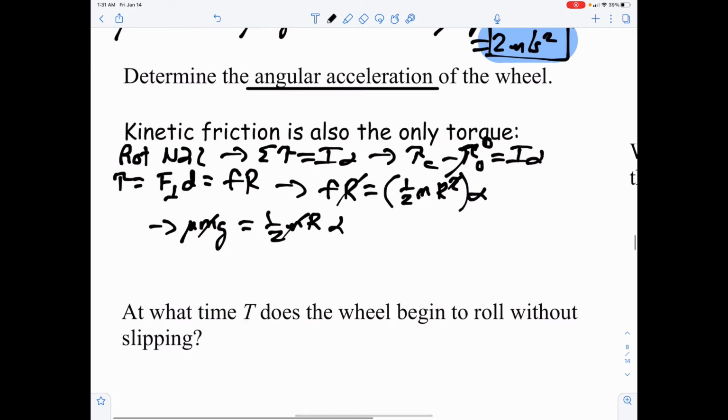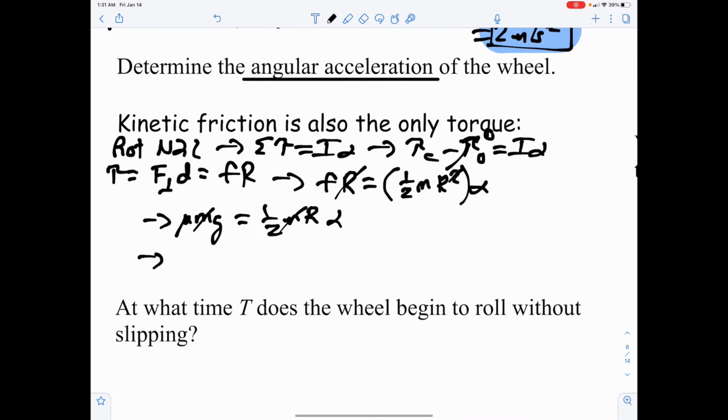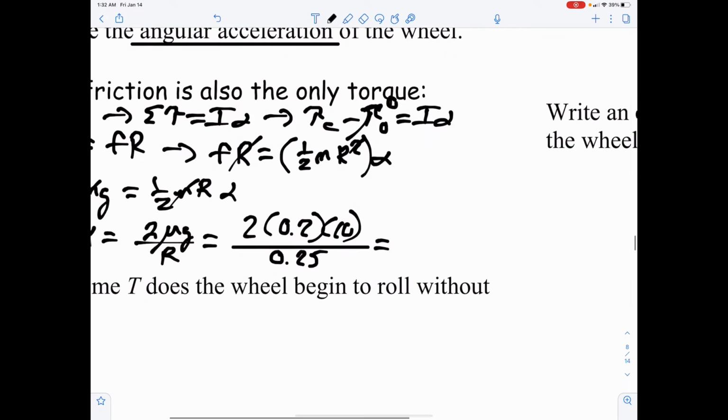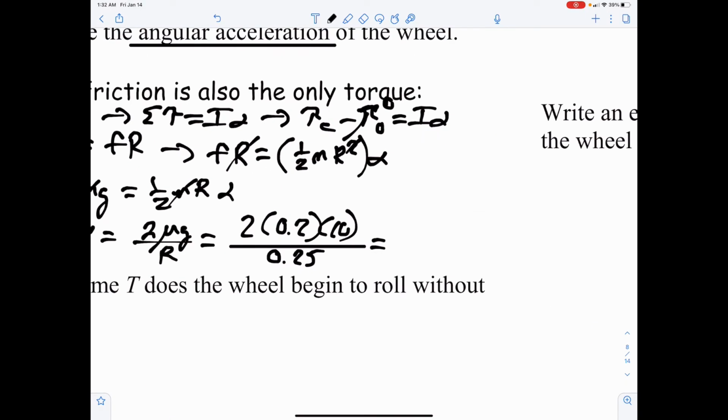The m's will cancel, and alpha would be 2 times mu times g over r. So 2 times 0.2 times 10 divided by r, which is 0.25. So we have 0.2 times 10 is 2, times 2 is 4, and 4 divided by 1/4 is really 4 times 4, or 16 radians per second squared.